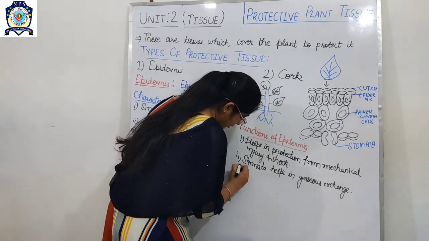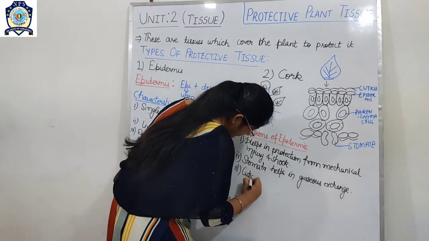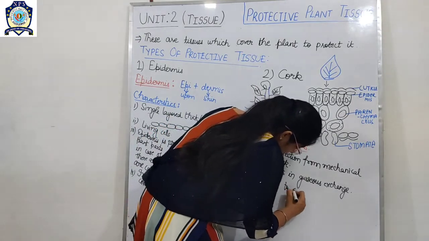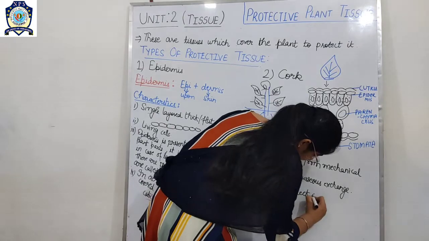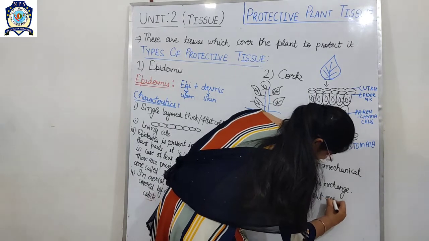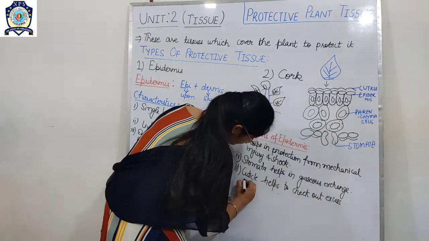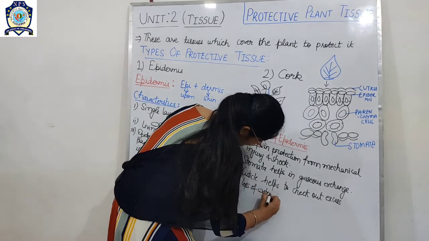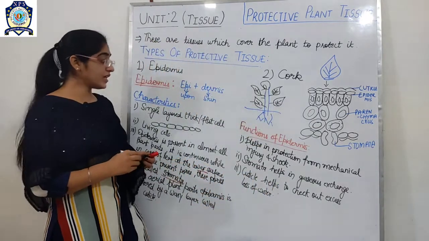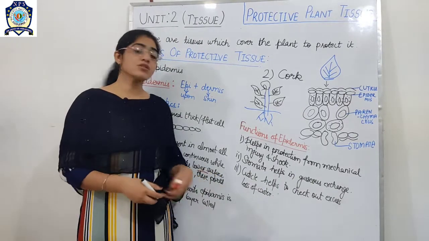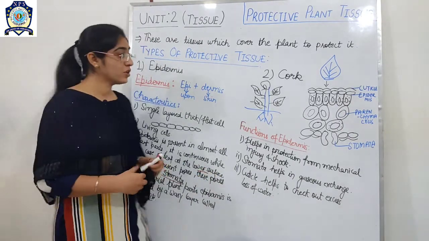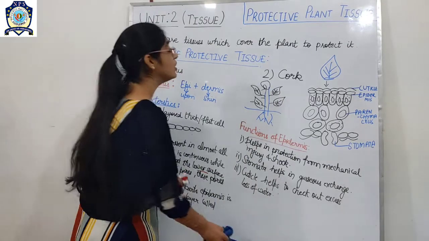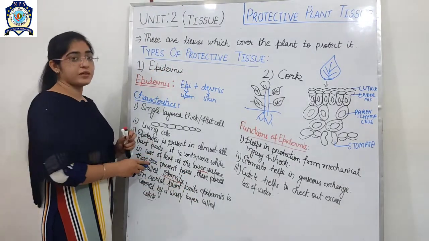Third, cuticle helps to check the excess loss of water. Am I clear? So these all are the functions of the epidermis. So this was all about our first protective plant tissue, which is the epidermis.